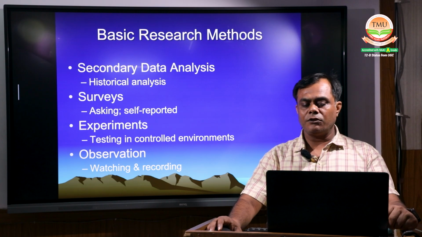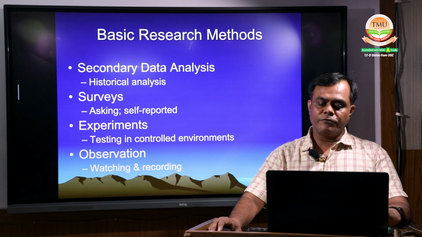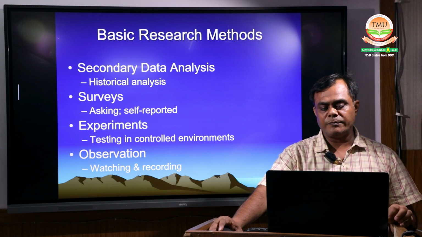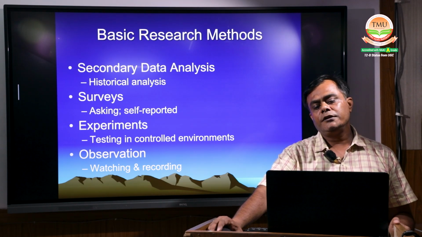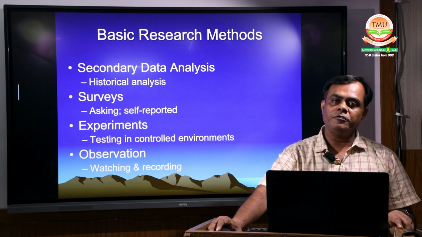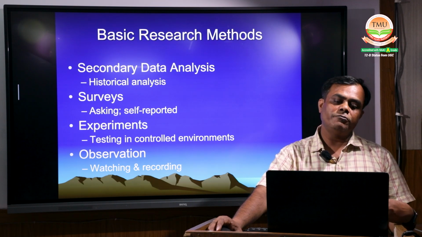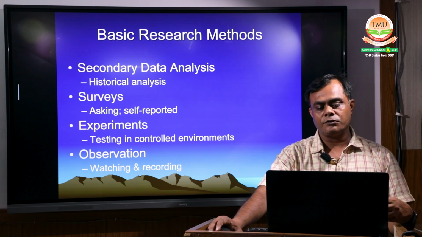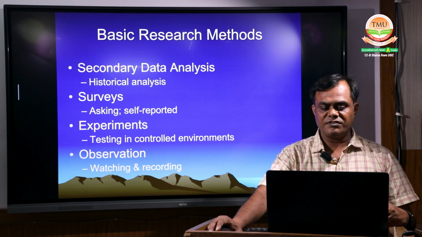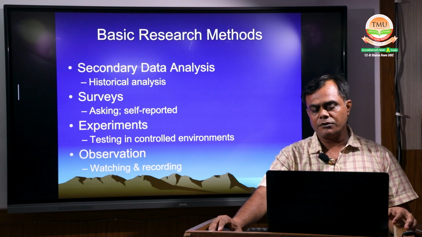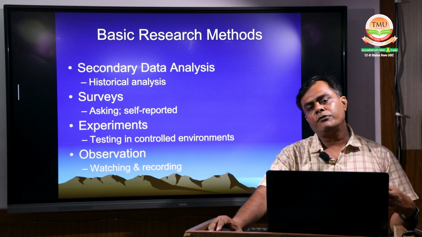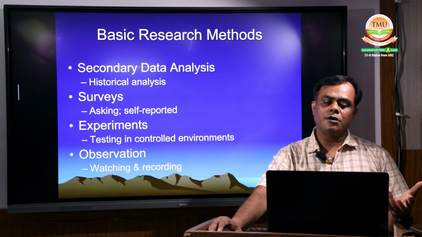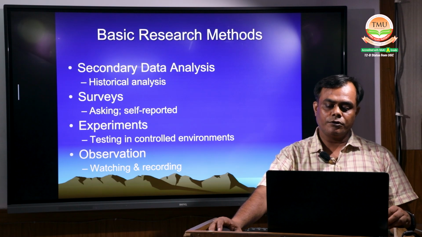Survey is asking or self-reporting, whatever information we gather on a self-report basis. Experiment is testing in a controlled environment, when we are getting or testing the information in a controlled environment; that is called experimental research. And the fourth one is observation, watching and recording whatever information we gather on the basis of observation.